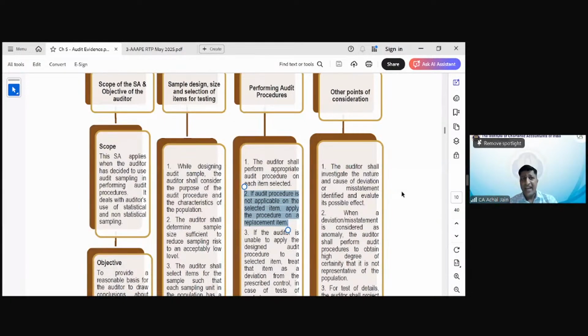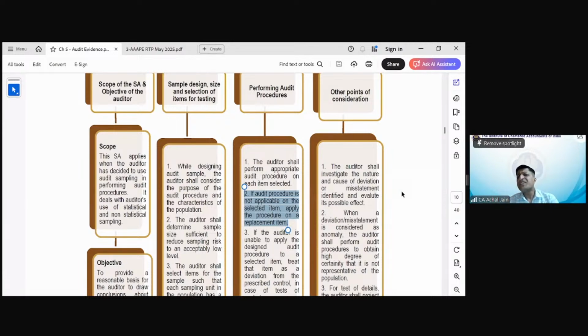As we discussed, everything which the auditor will do, he will have some objective in mind, including the sampling, including the sample selection. So let's suppose auditor had some objective in his mind, and to achieve that objective, auditor picked up one sample.